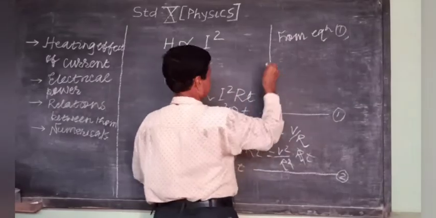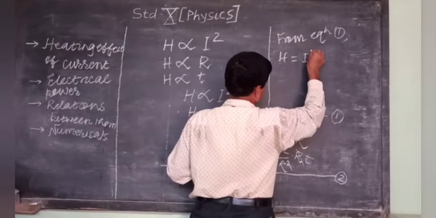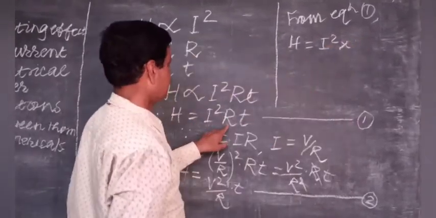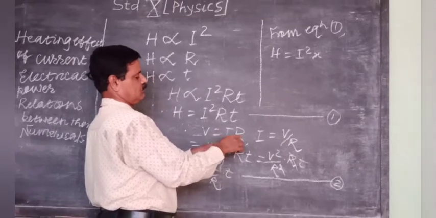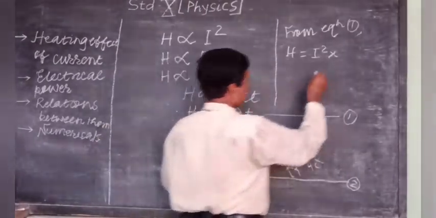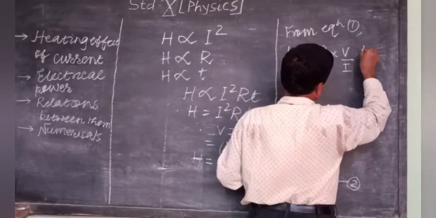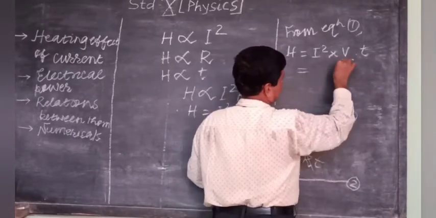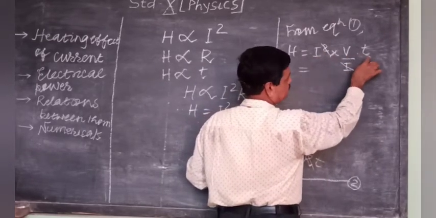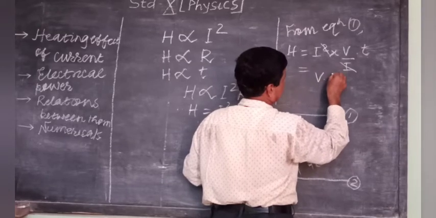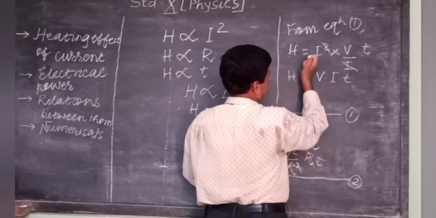We can write H equals I square into R, and R can be written as V by I, since from Ohm's law V is equal to IR, so R is equal to V by I. So H equals I square into V by I into T. This I and I square will cancel, and finally we can write it as VIT. This is the third equation.